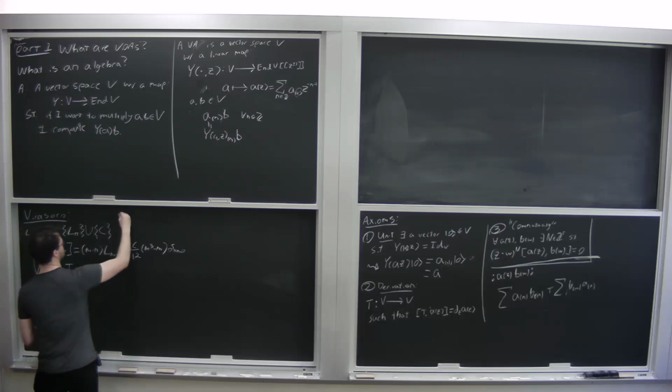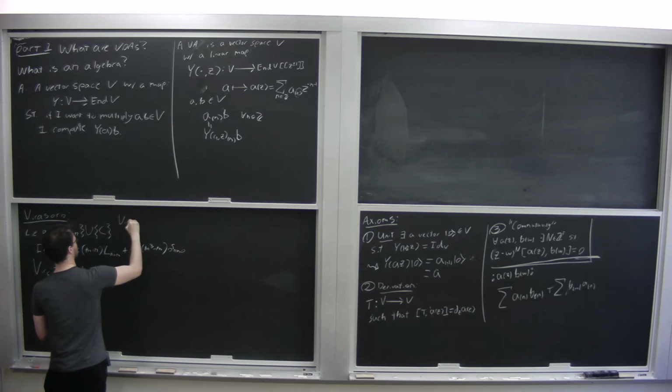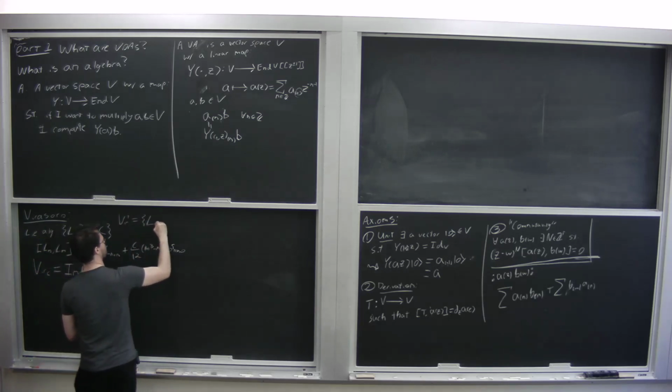So I'm going to call the positive part, let's say, L_n for n greater than or equal to -1.